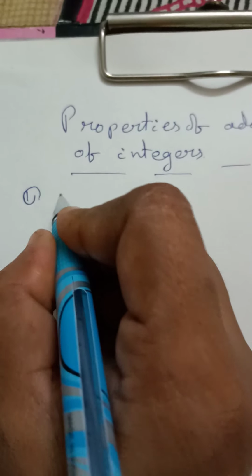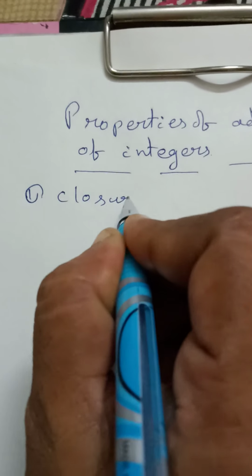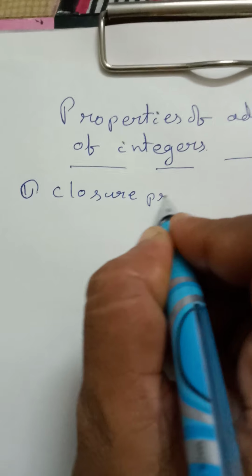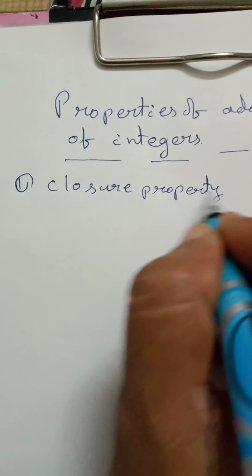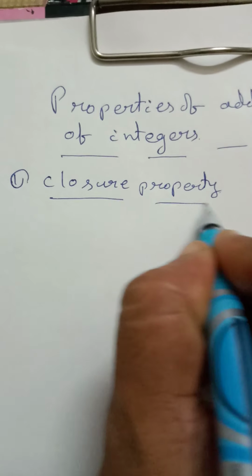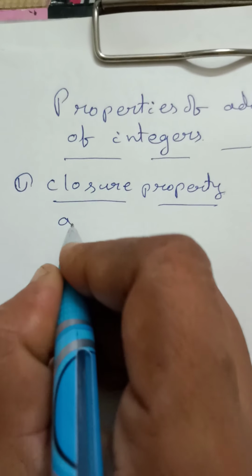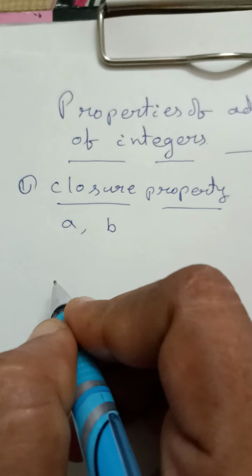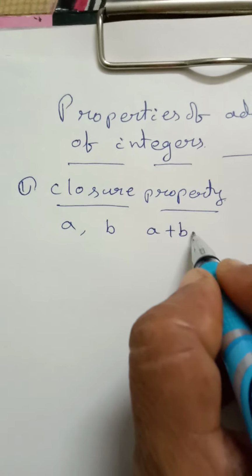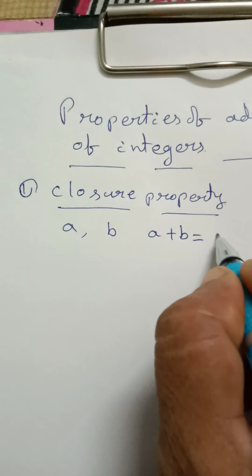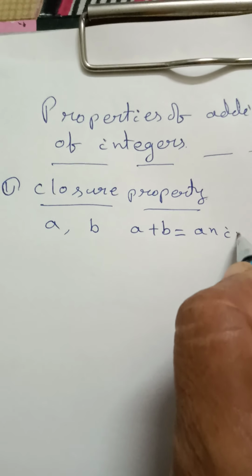First one, closure property. If a and b are two integers, then a plus b will also be an integer.